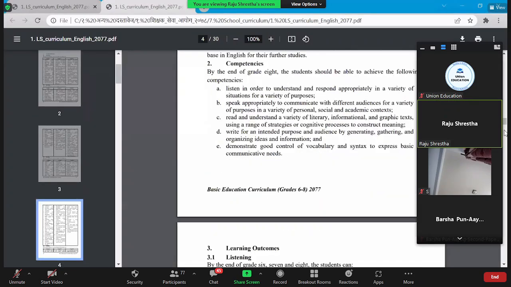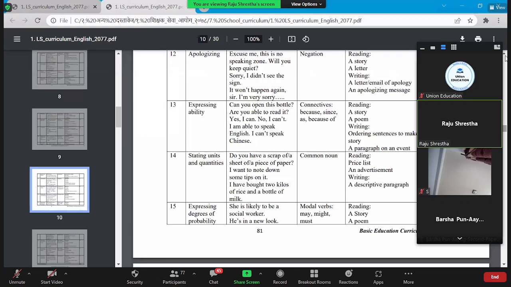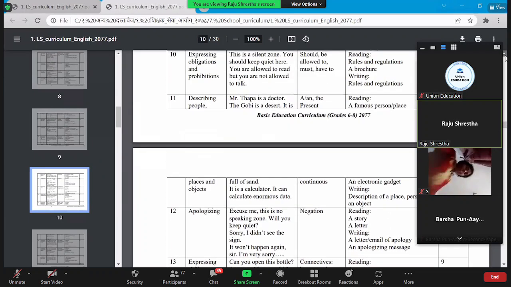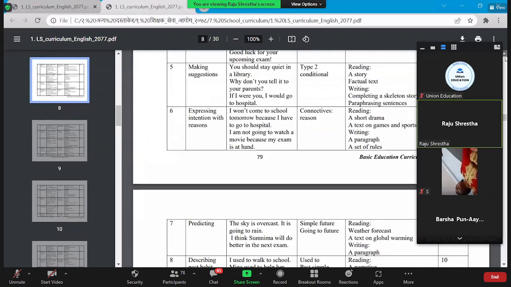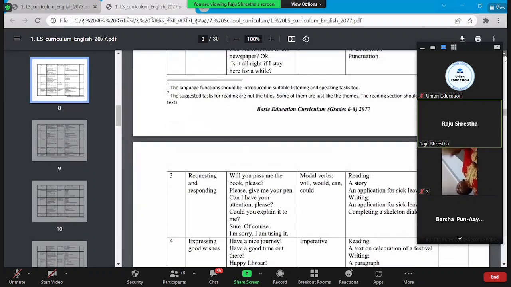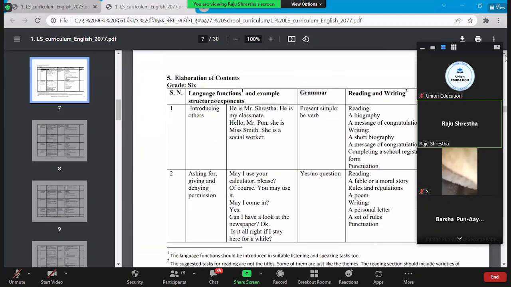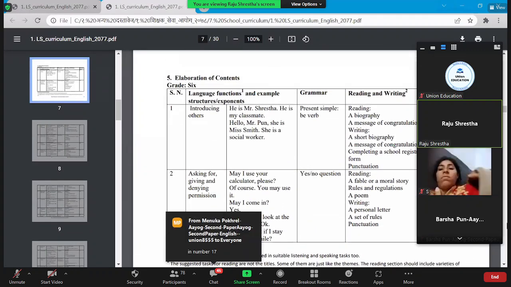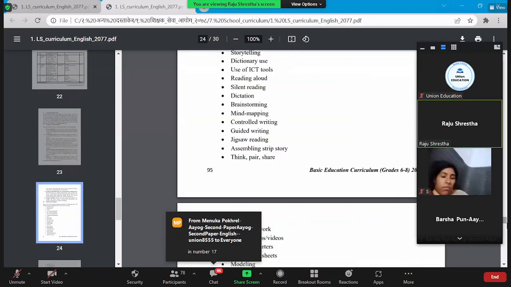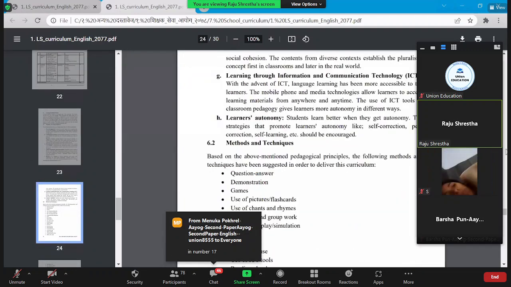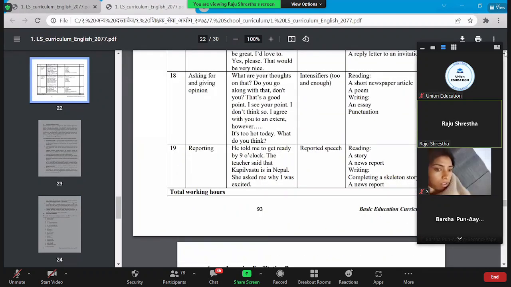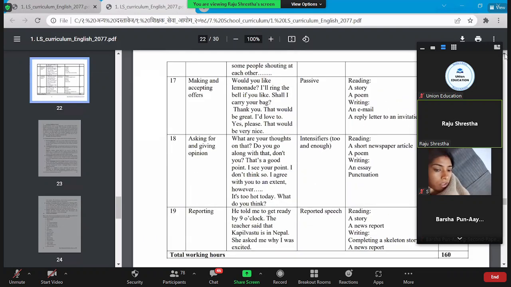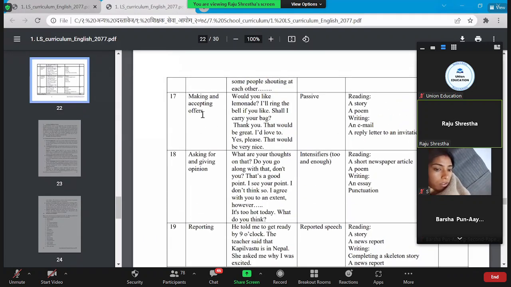This is grade 6. Sorry. This is grade 8. Reporting, asking for and giving opinion. Yes, offer is here. Okay, it is in 8 too. 8 and 9, 10 also.